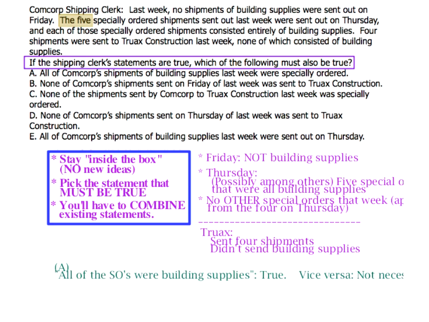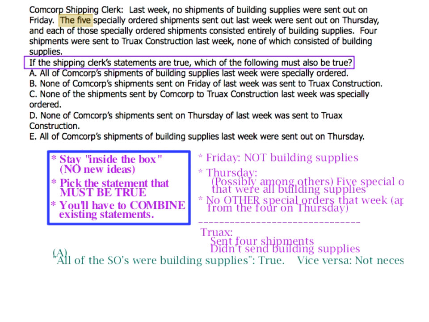But this statement is that statement in reverse, and that's not necessarily a thing. There just as well could have been plenty of other shipments on Monday, Tuesday, Wednesday that were building supplies that were not specially ordered. So it doesn't have to be true.